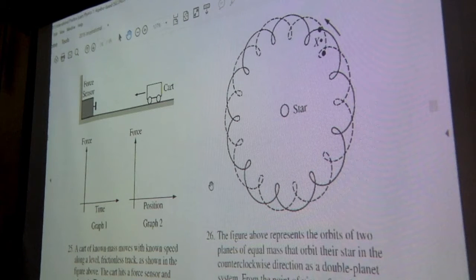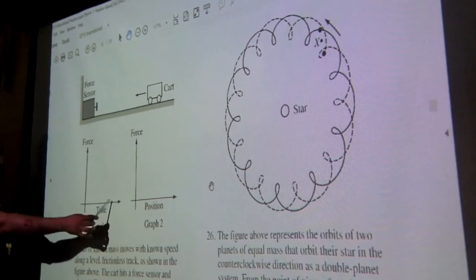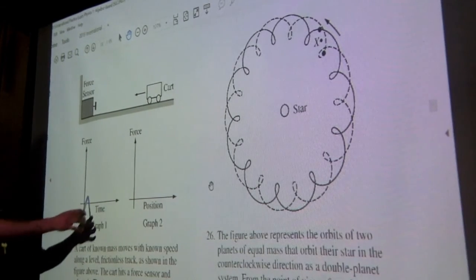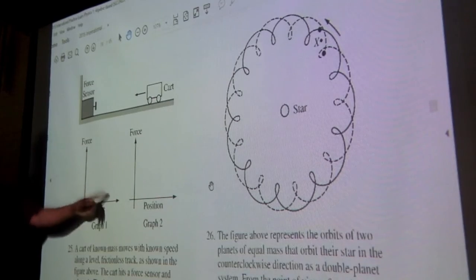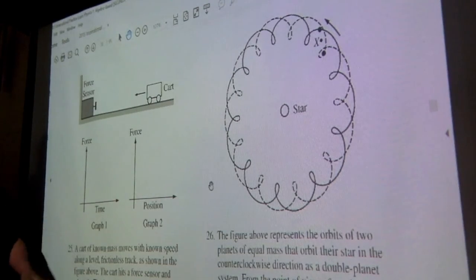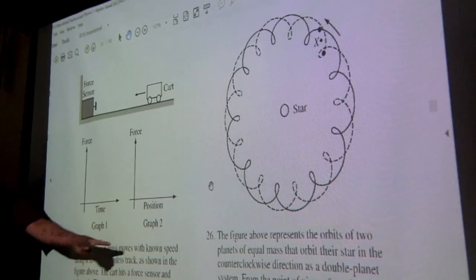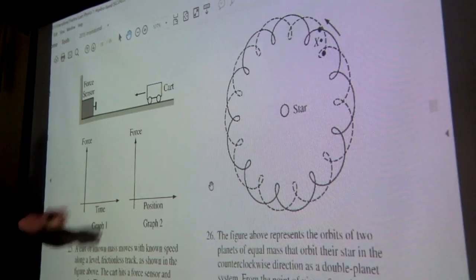So the graph will be shaped like this. Now the area gives you the impulse, which is change in momentum. Will that help you to find the final speed? Yes. Change in momentum is known, initial speed is known. So can you find the final speed? Yes.